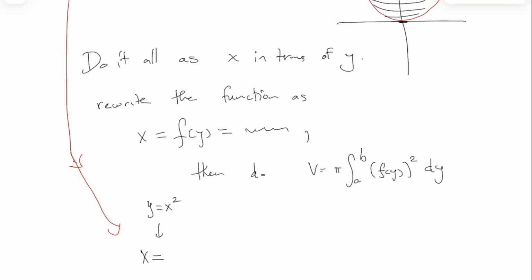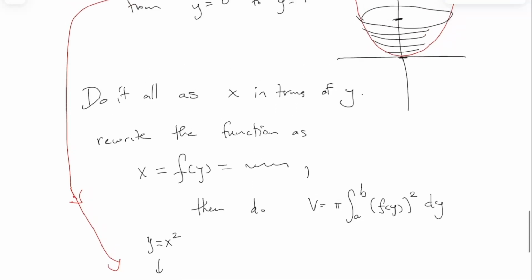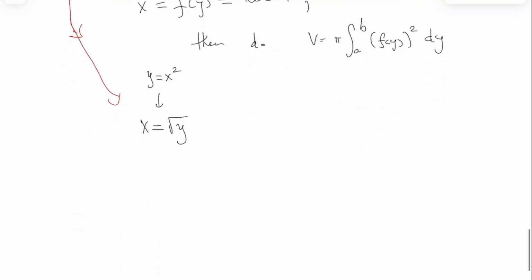The square root of y. As usual, you should be worried about plus or minus, but in this case it doesn't matter because I'm rotating this around anyway. If I only took the positive side, it would just be that half, which is good enough for this problem, so I don't have to worry about plus or minus.